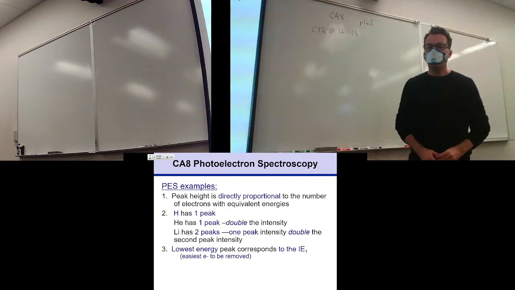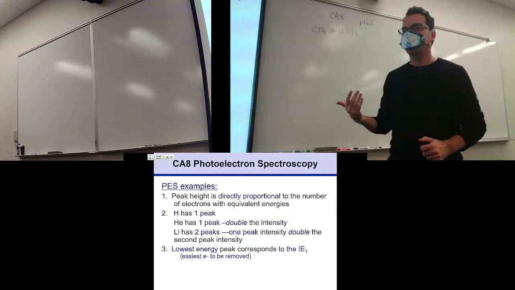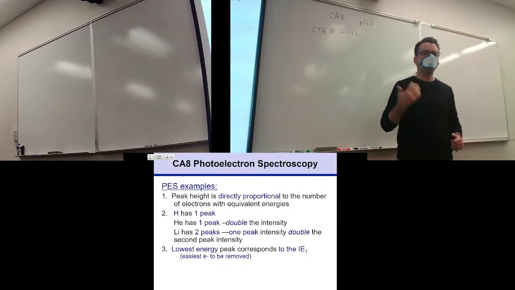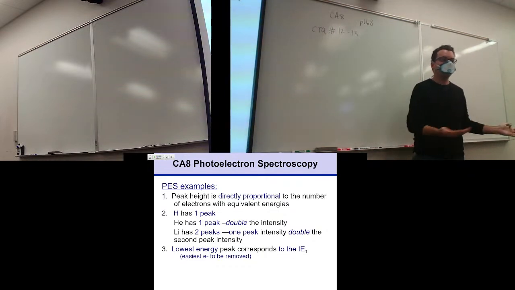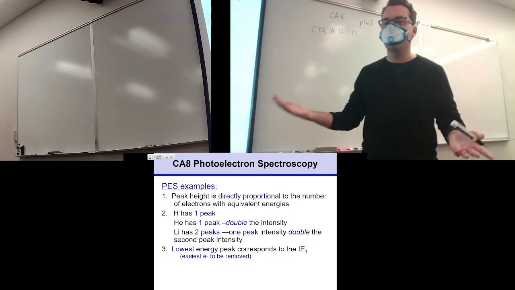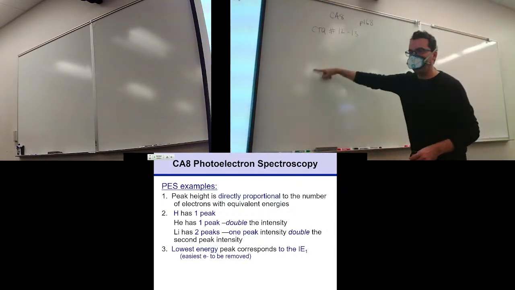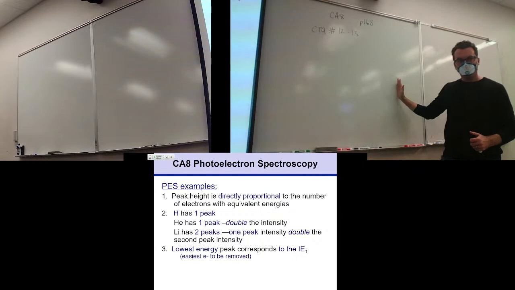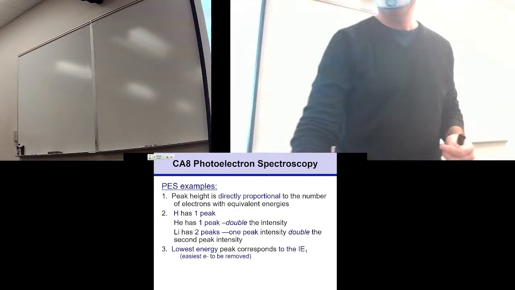Now, the lowest energy peak is always going to be the ionization energy of that atom, because remember, the ionization energy is defined as the energy required to remove the easiest to remove electron, which is the one with the lowest energy. So if you've got a diagram with a bunch of peaks, the one furthest to the right, the lowest energy one, represents the ionization energy of that element.